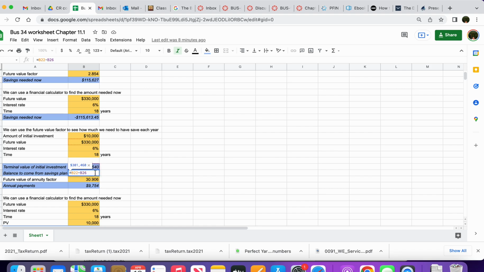So the remainder that we need to save is our future value of $330,000 minus the future value of the $10,000, which is $28,540. So I still need $301,460.